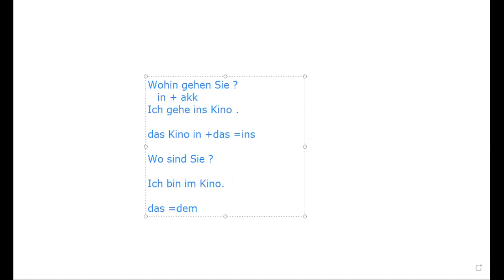Here after in, I have applied dative because I am talking about my position. Is it clear now? That's why it is a two-way preposition. In this case, we have applied accusative because we talked about our action. In this case, we have applied dative because we talked about our position.